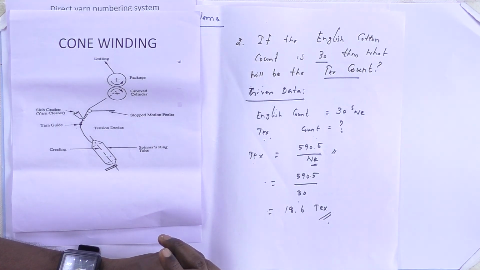Whereas in indirect yarn numbering system, it's the reverse. If the diameter increases, the number decreases. For example, in indirect system, 10s count is a coarser yarn when compared to 100s count yarn. The 100s count is a finer yarn when compared to 80s, 60s, 40s or 20s count yarn.